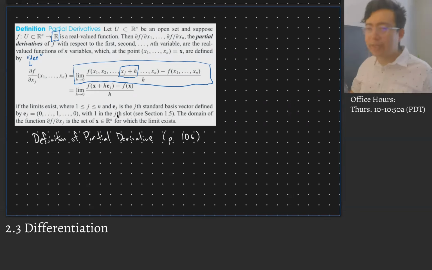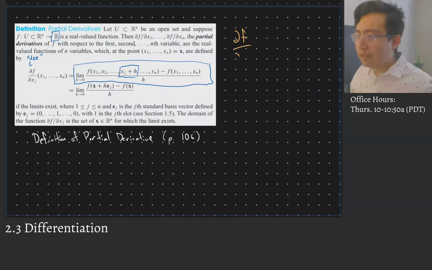Let me summarize everything over here on the side. df dx_j is basically: ignore the other coordinates.